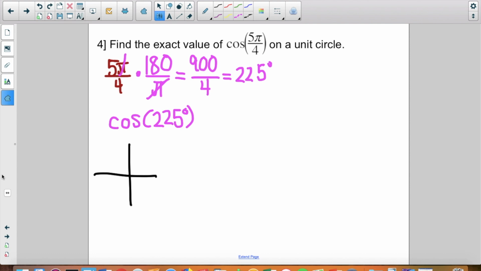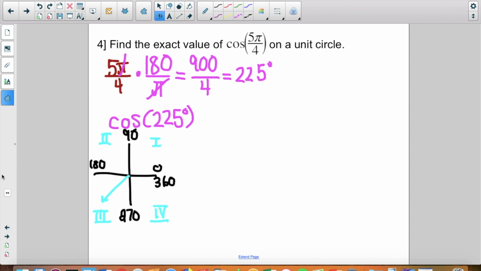So we have our little quadrant, 0, 90, 180, 270, 360. Now, 225 is going to be somewhere over here. Again, we don't know exactly where, that's okay. So this is going to be in the third quadrant.